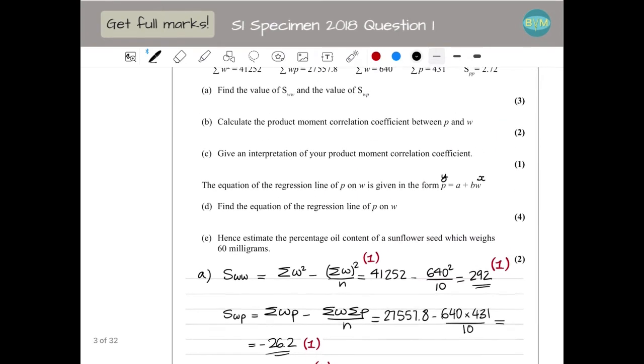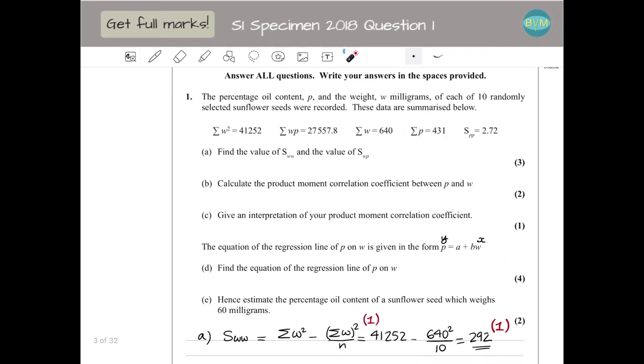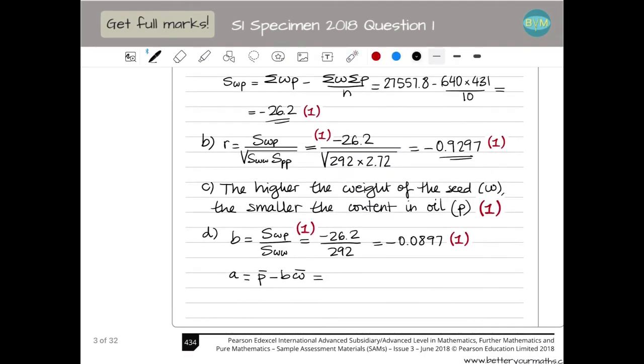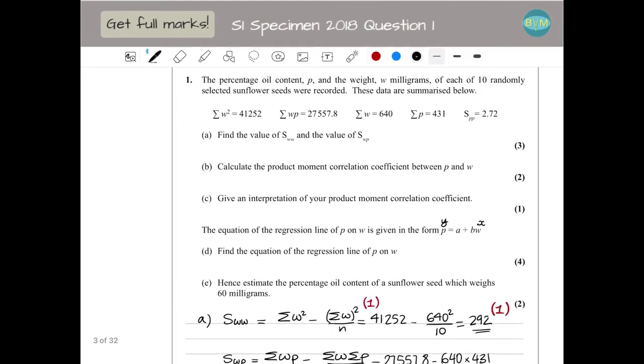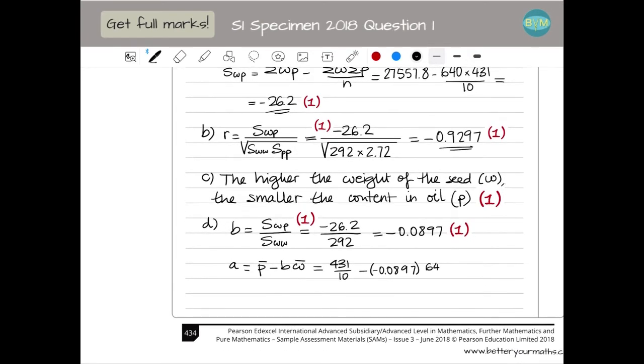Mean of P is the sum of P divided by N. So 431 divided by 10, minus B, we just found it, B is minus 0.0897, and then times the sum of W, which is 640 divided by 10, and this is going to be 48.842.